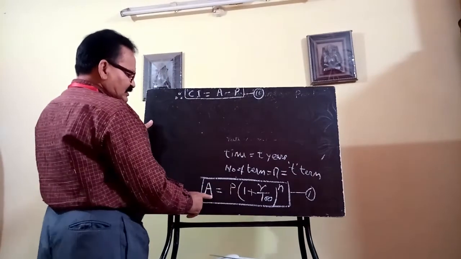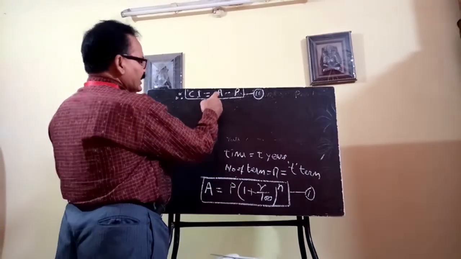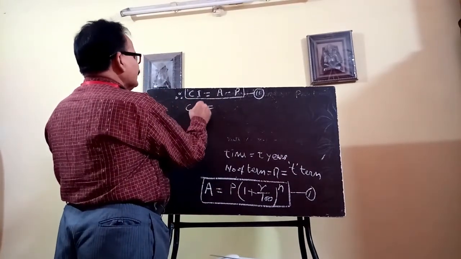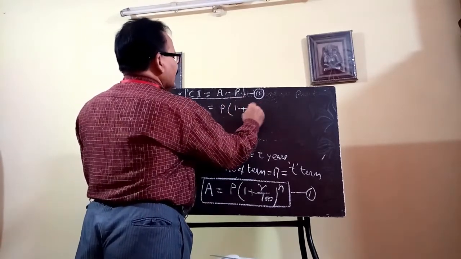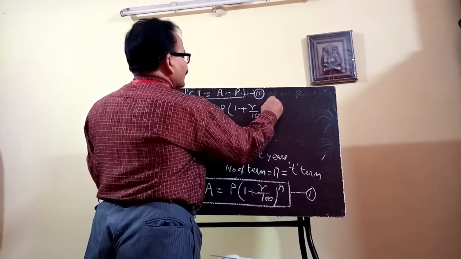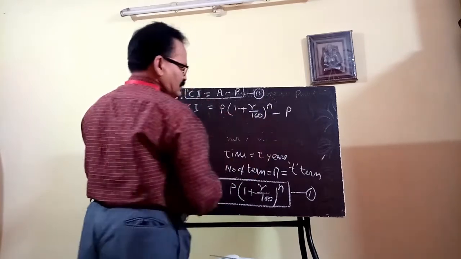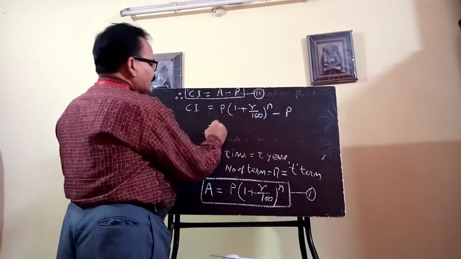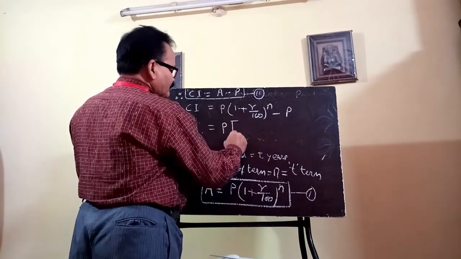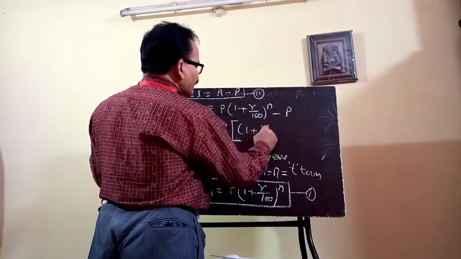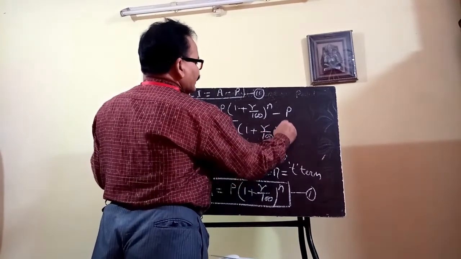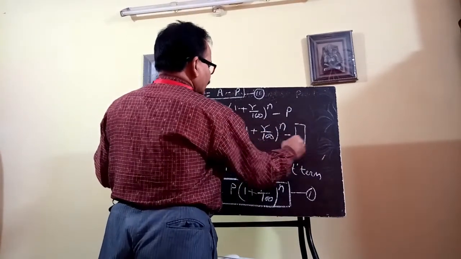If you put the principal here, then CI can be rewritten as P into 1 plus R by 100 to the power n minus P. Okay, so you can take P common, then put a big bracket: P into 1 plus R by 100 to the power n minus 1.